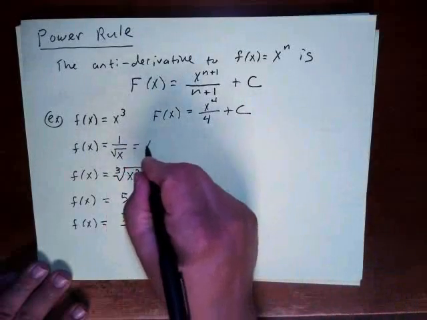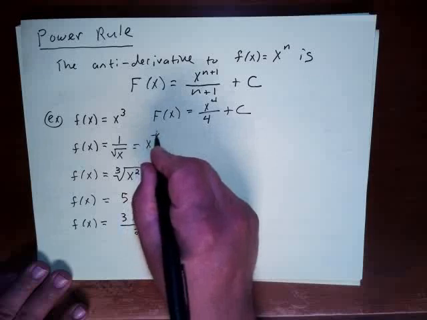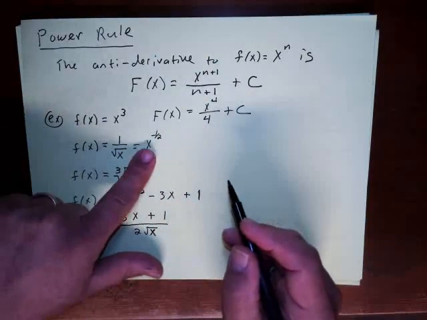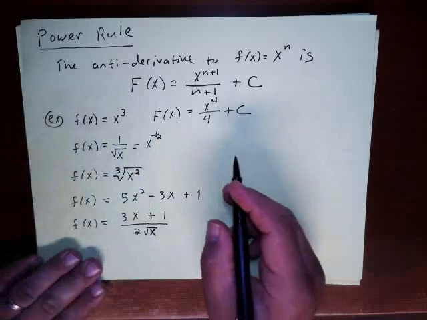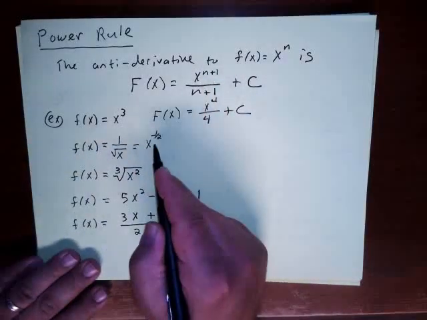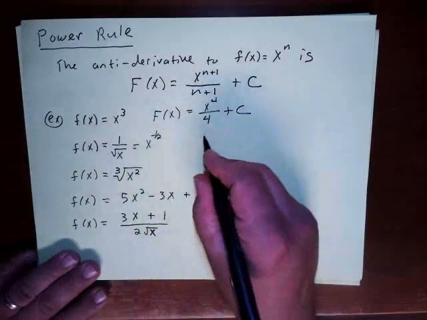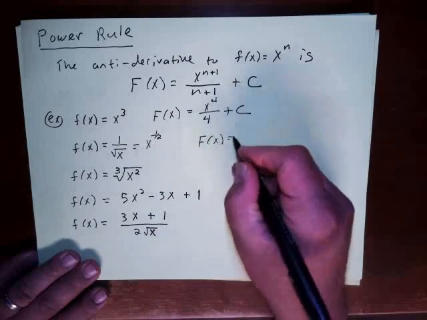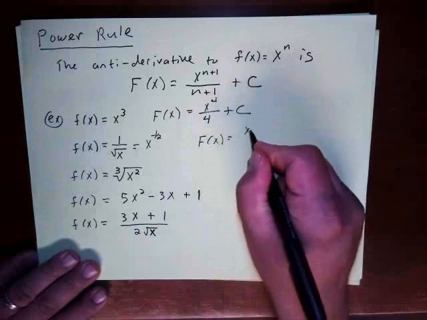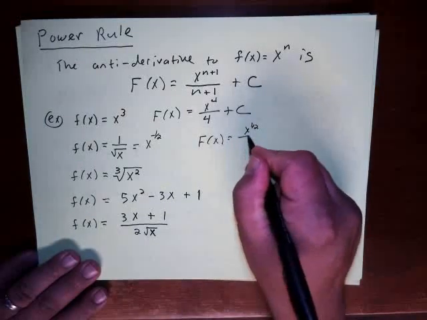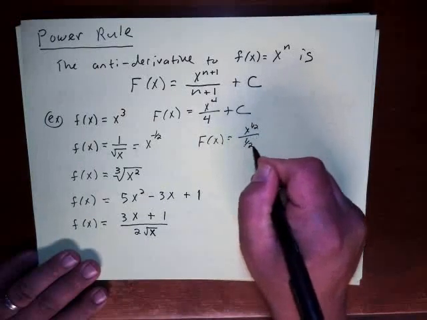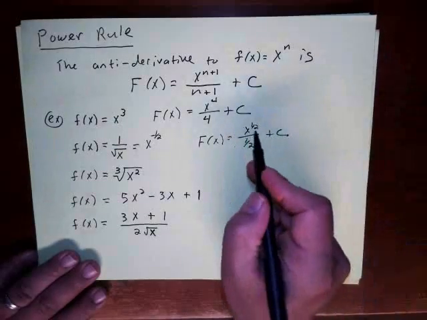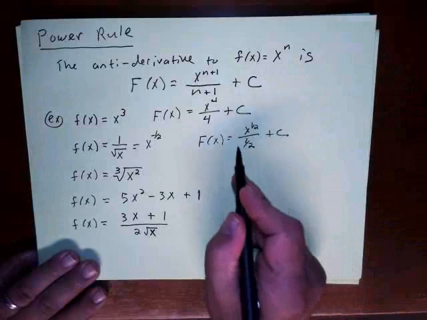Okay? So let's try this one. Let's write this as an exponent, negative 1/2. So my power n is negative 1/2. If I add 1 to that, I get a positive 1/2. So I can write f of x as x to the positive 1/2 over positive 1/2 plus c. Okay, so this is the n plus 1, and this is the n plus 1.